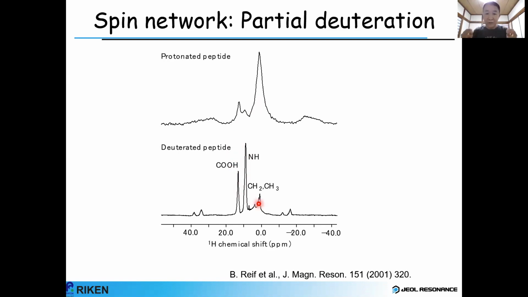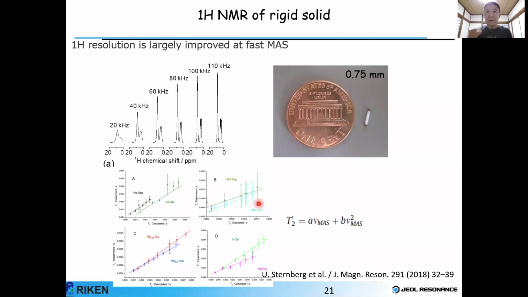But for this experiment, we need to modify the sample. We can obtain the same effect by a fast MAS experiment. If we observe the NMR spectrum at several different spinning frequencies, you see significant improvement in terms of resolution and sensitivity. So that's why we need fast MAS experiments. Actually, the effect of magic angle sample spinning is not linear.